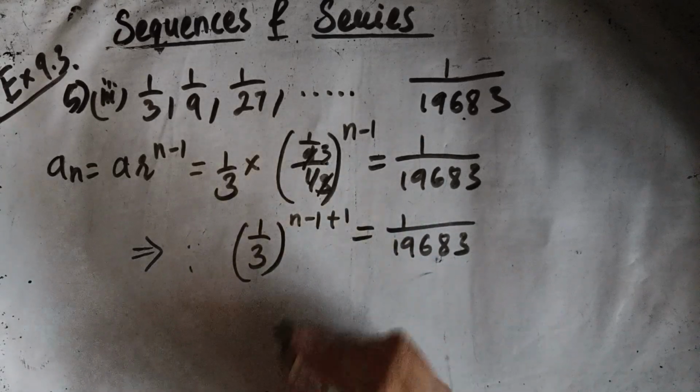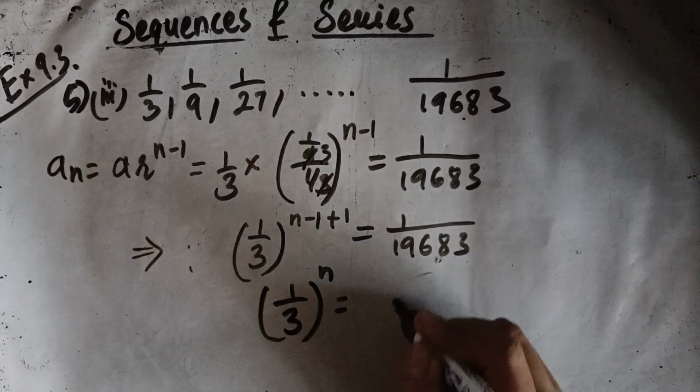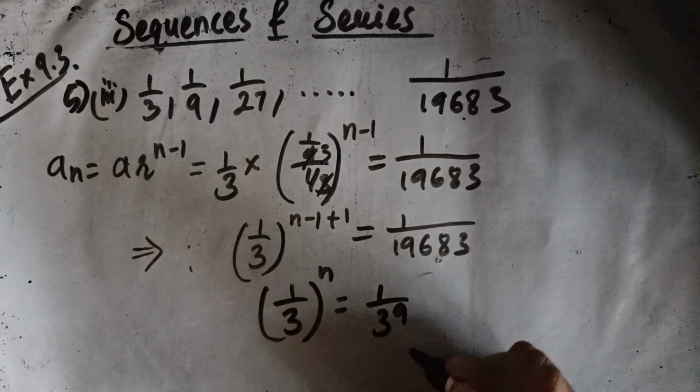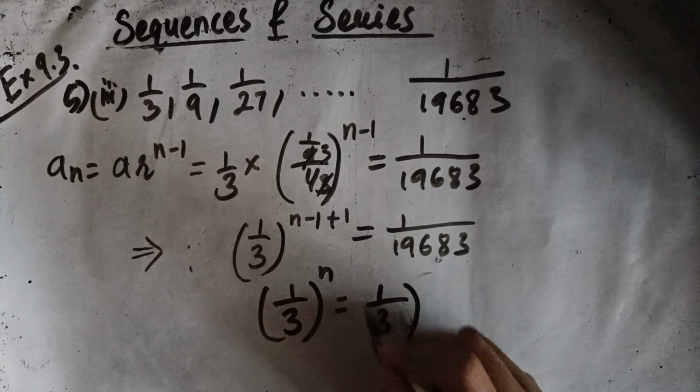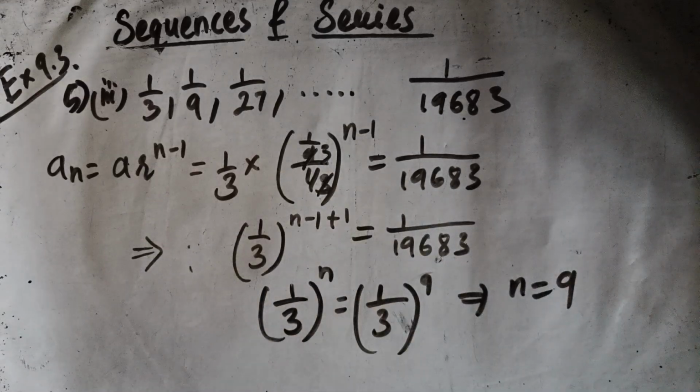So you can find the prime factors and we'll get it as 3 raised to 9. So n is 9. Okay.